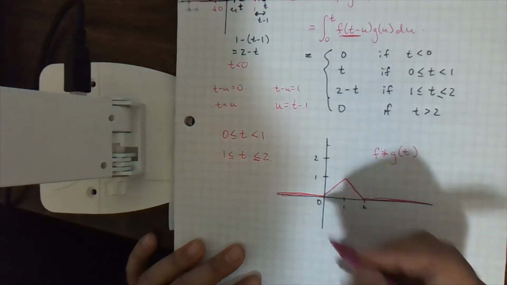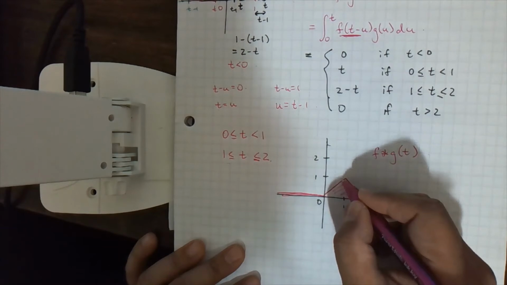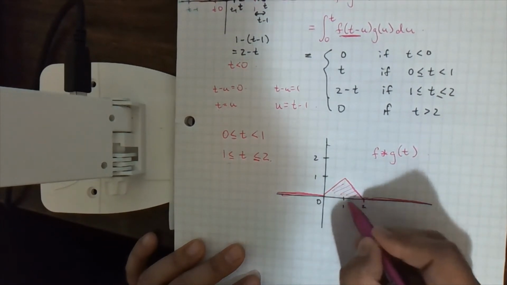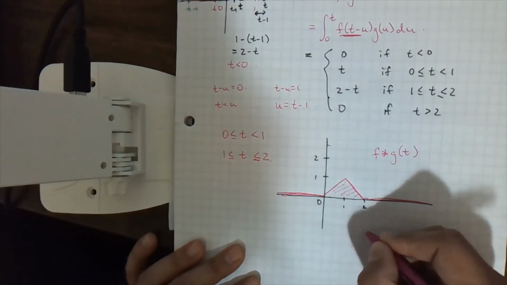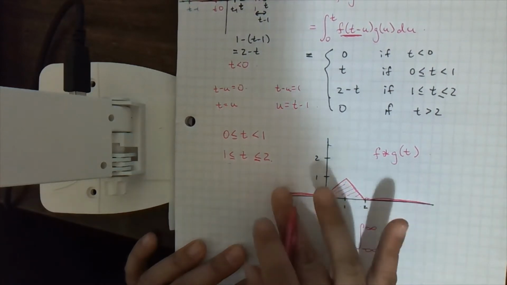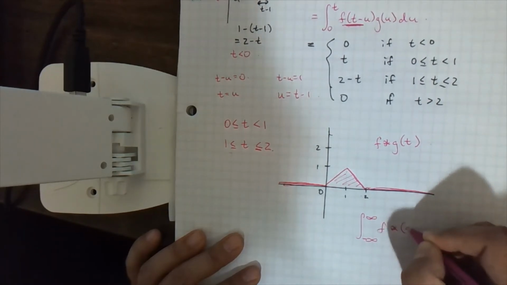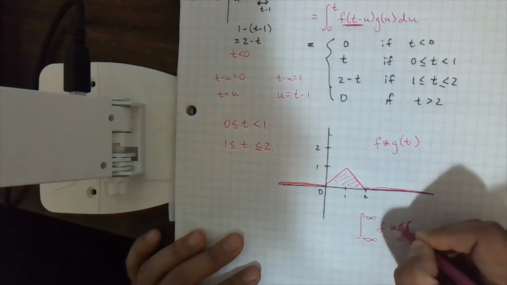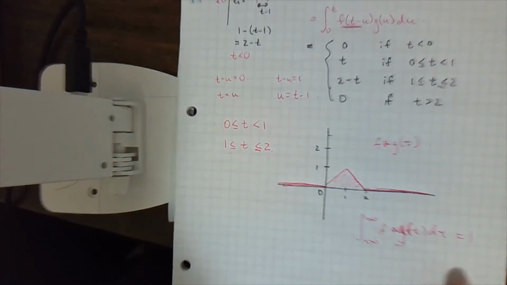And one thing to note is, let's look at the area under this curve. This is a triangle with base and height 1, so this has area 1/2, this part has area 1/2. So actually the total area, forever, because there's a lot of 0 happening, of the convolution, f convolved with g, dt, that is 1.